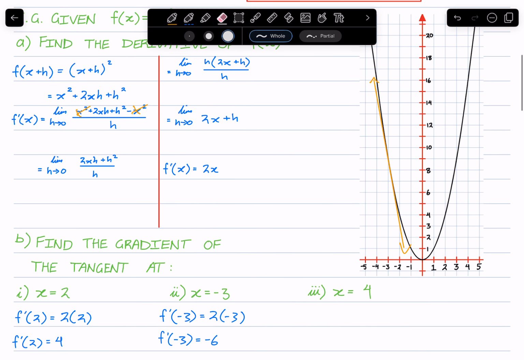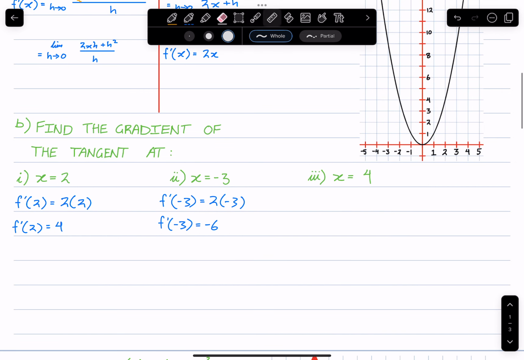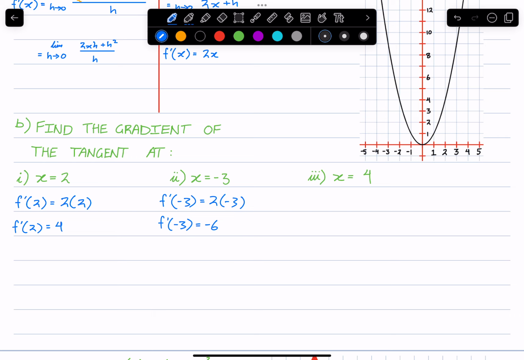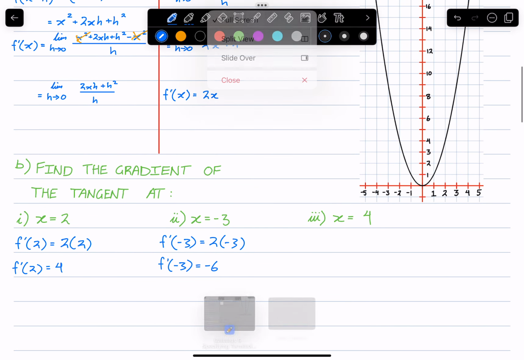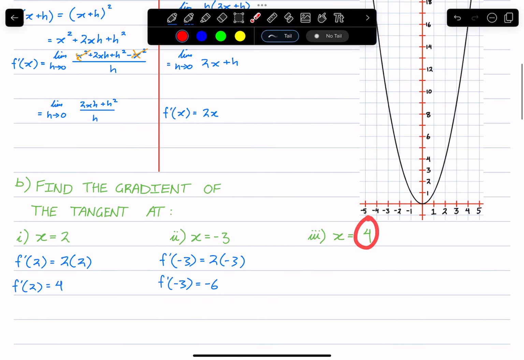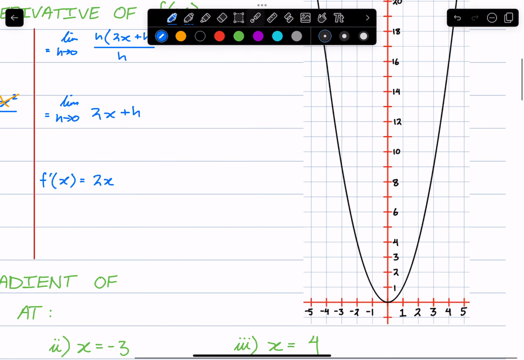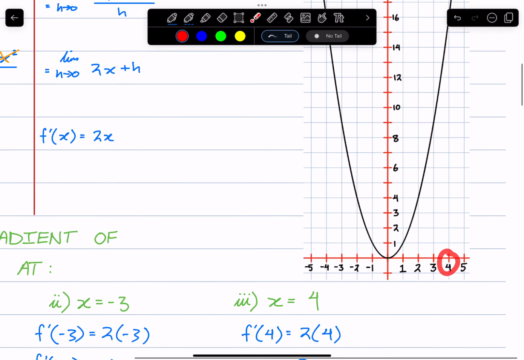So let's do this one last time. What is the gradient of the tangent at x equals 4? Once again, we can find that by substituting 4 into the derivative. So f prime of 4 equals 2 times 4 equals 8.